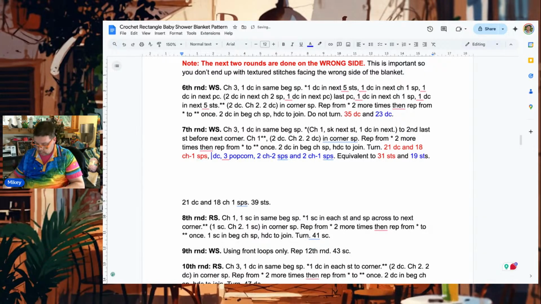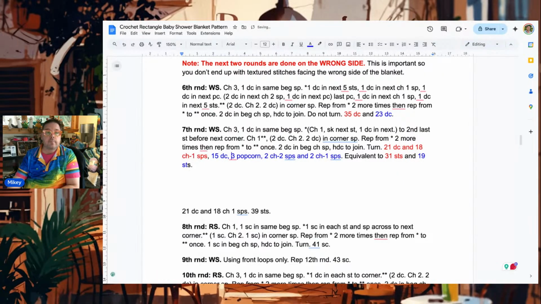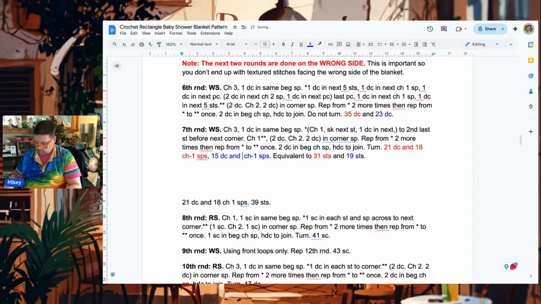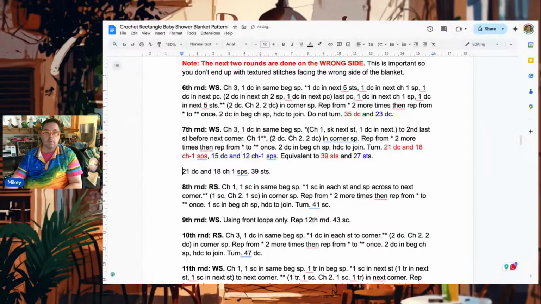And then this is DC, 15 DC, chain 1, equivalent to 39 and 27. It will get easier, I just got to get the first established.